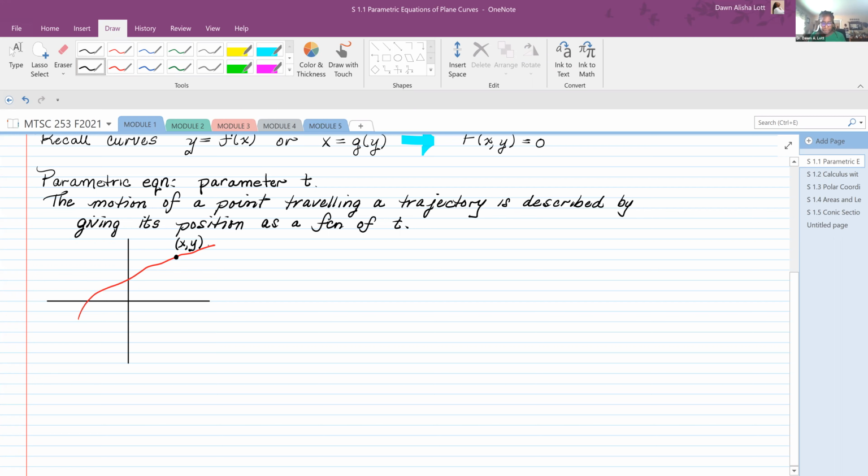Now what we want to do is say that the way you get to the x is you have to know some function of t. And the way to get to y, you have to know what the function of t is, and you have to know t.